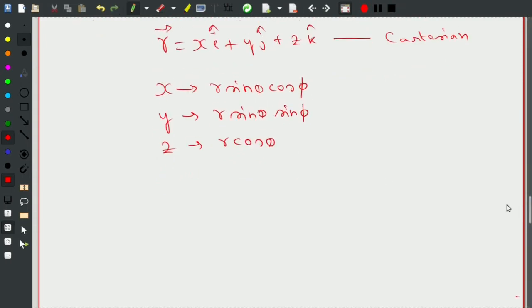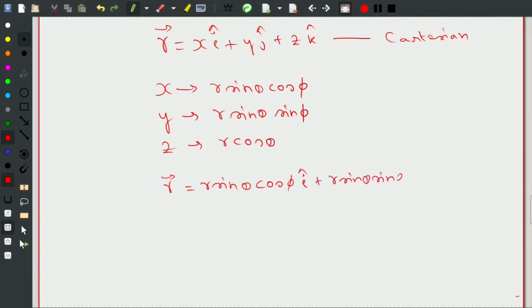If we substitute this, the position vector of p, the r vector in spherical coordinates, can be written as r sin theta cos phi i cap plus r sin theta sin phi j cap plus r cos theta k cap. So this is the position vector in the spherical coordinate system.